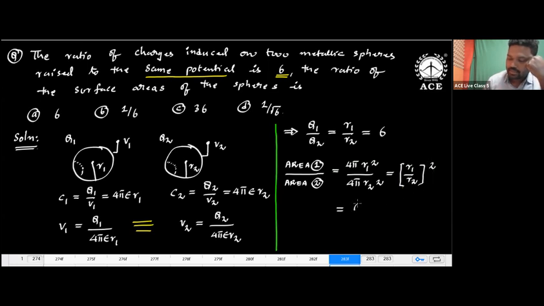So which is 6 square, which is equal to 36, is the answer. Option C is the answer. Like this, a little bit conceptual and substitution kind of questions are expected.